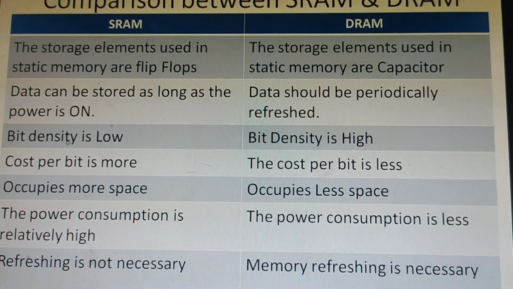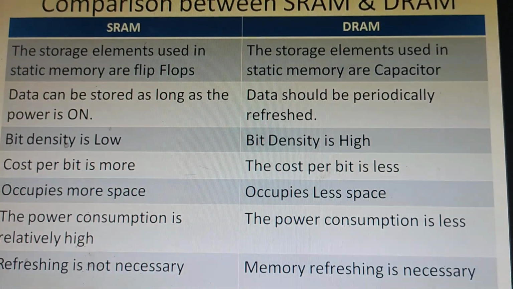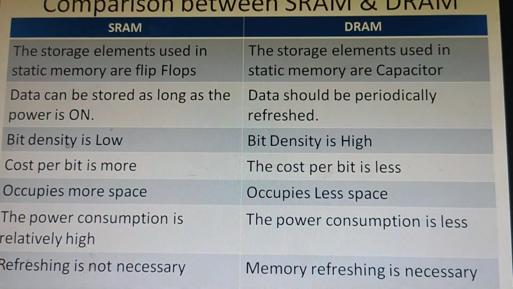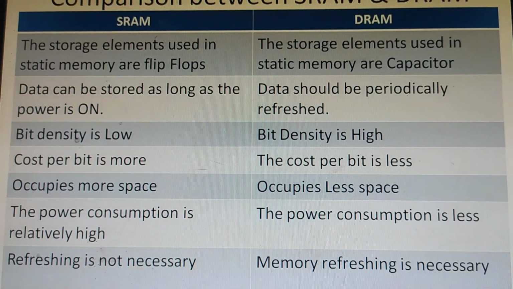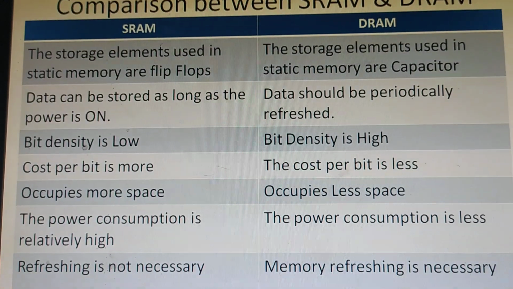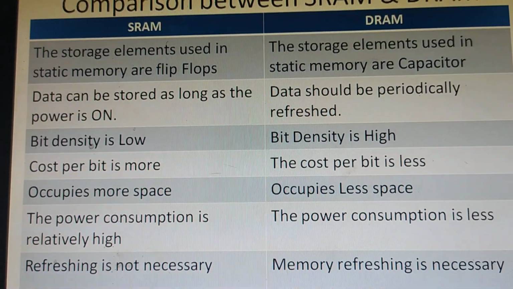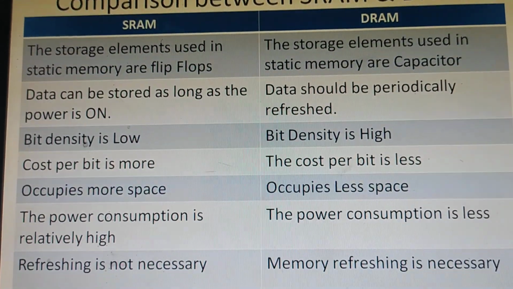In DRAM, the bit density is high, so in the same 1 inch, it can store 100 bits of data. That means in a small space, DRAM can accommodate a large amount of data, but SRAM can store only a small amount.